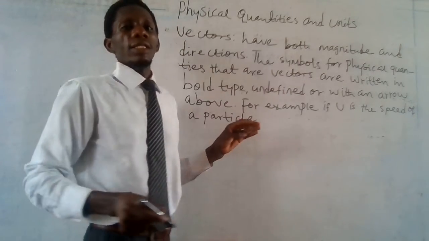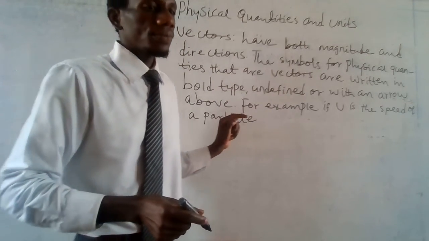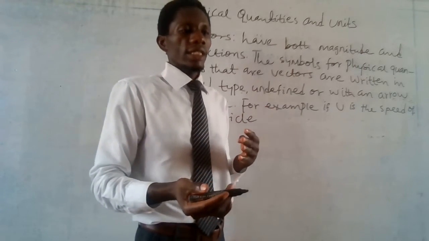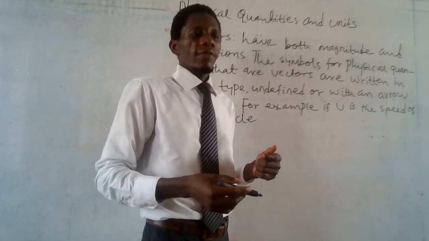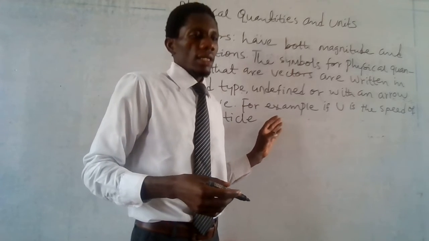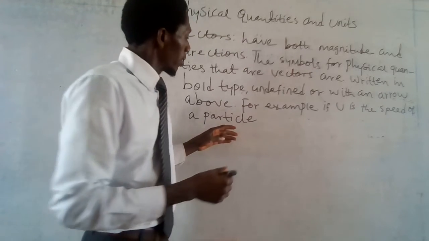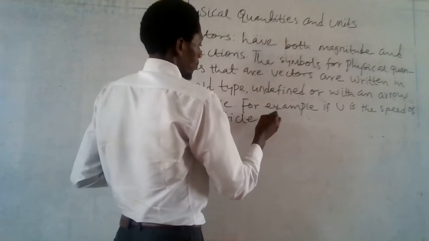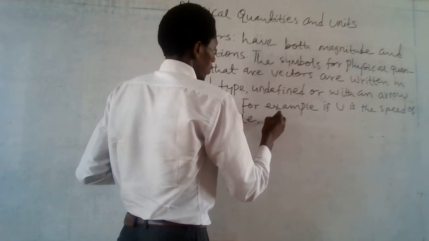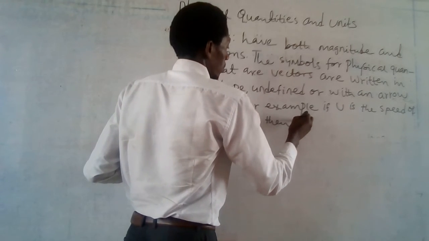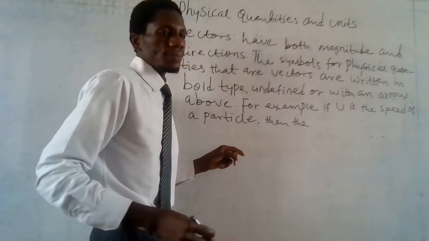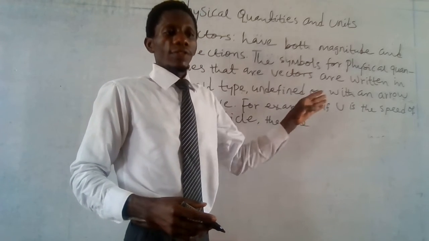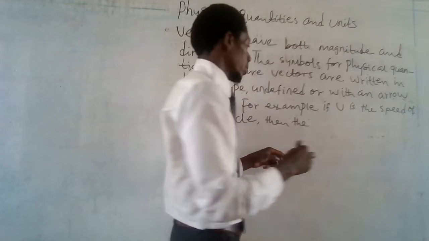If u is the speed of a particle, then the straightforward notation for its velocity is u with an arrow on it.